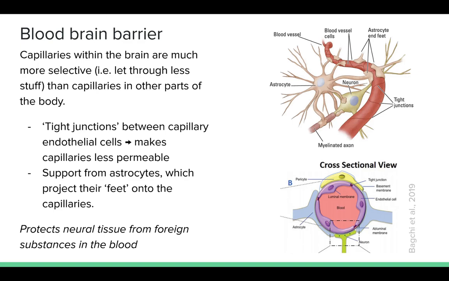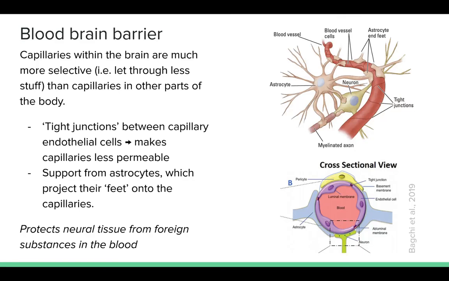However, if we look at the capillaries inside the brain, and we look at the endothelial cells that form those brain capillaries, we would see that the gaps between them are not very loose. In fact, they're sealed up by what are called tight junctions. What these tight junctions do is make it a lot harder for stuff to get out of the capillaries into the brain.